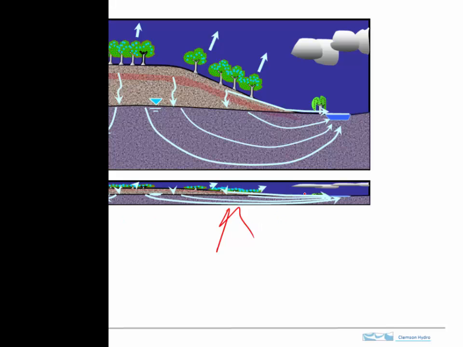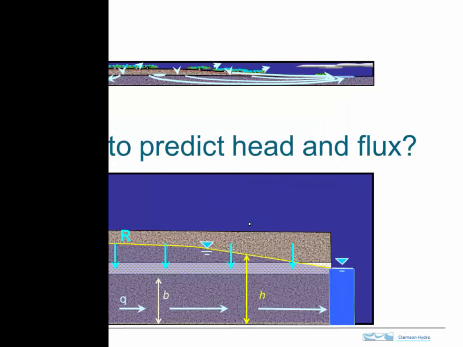There still is a vertical component, they're still moving downwards, and then upwards to discharge at the streams, but it's really quite small compared to the overall horizontal extent. And so what this will allow us to do is to, at least at first, ignore the vertical variations and just simply assume that we have horizontal movement of the groundwater.